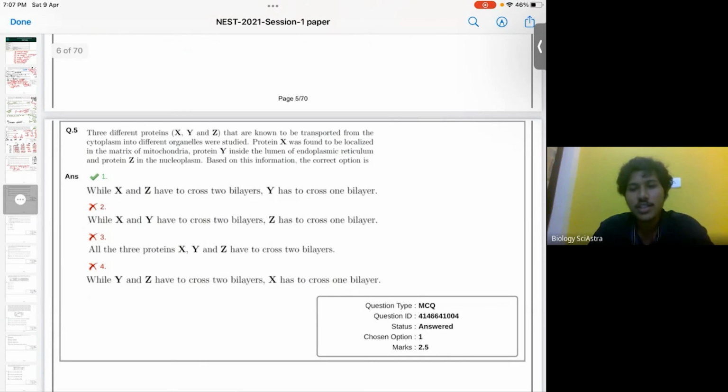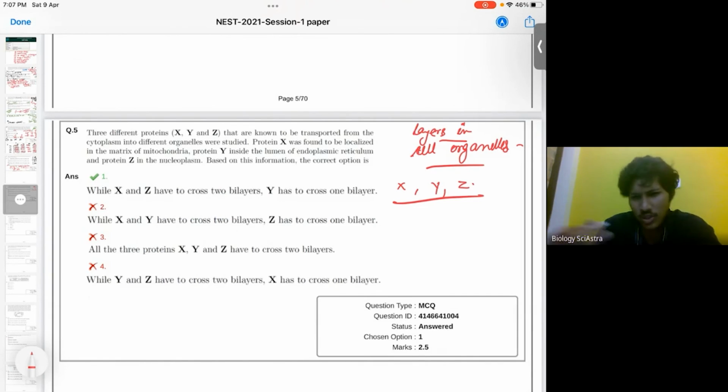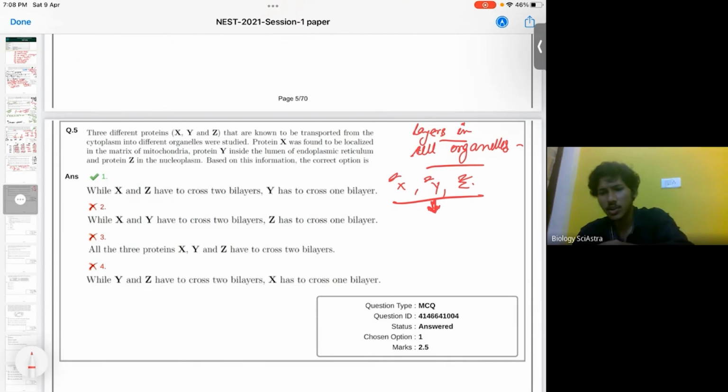Now let us see the fifth question. So fifth question is nothing but if you know about the layers or number of layers in cell organelles. So this question is saying what? It's saying that there is one protein named X, one protein named Y, and one protein named Z. So some researcher like you tried to study the movement of these proteins from the cytoplasm inside the cell organelles.